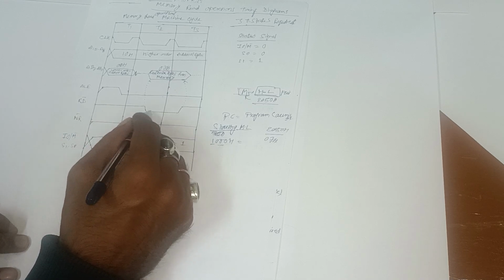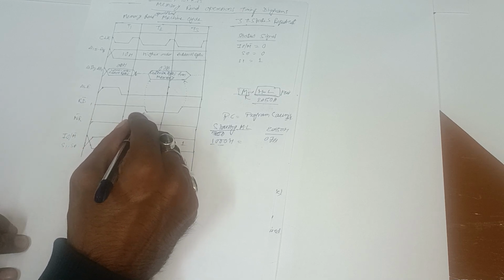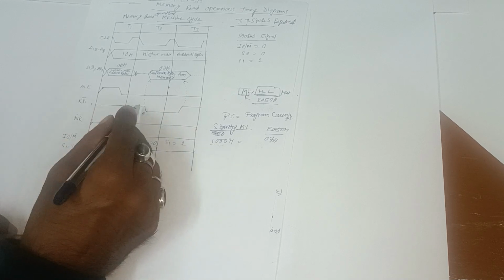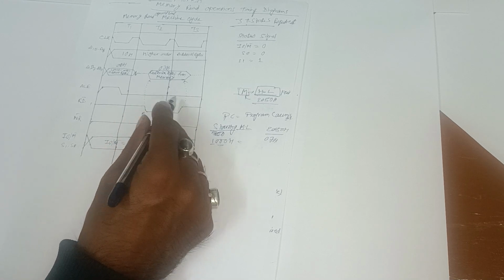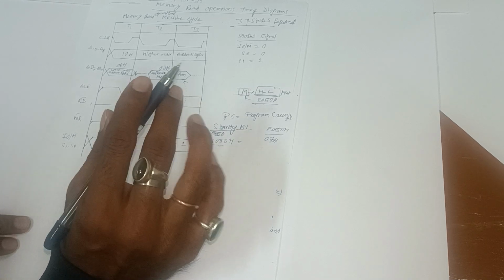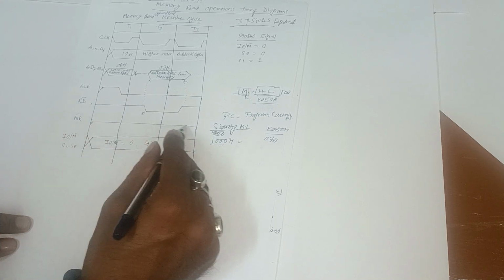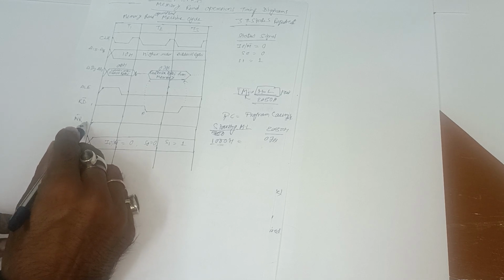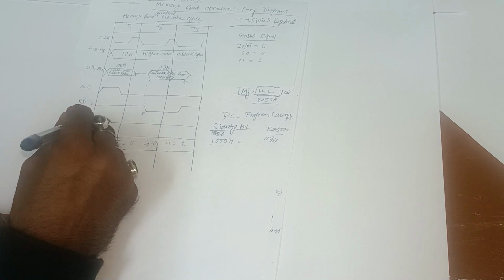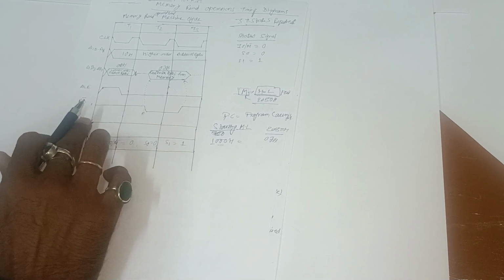So the signal goes from 1 to 0 in between T2 and T3. For WR, no write operation is being performed, so it is provided as a high input, 1, and WR bar equals 0 means it is not enabled.